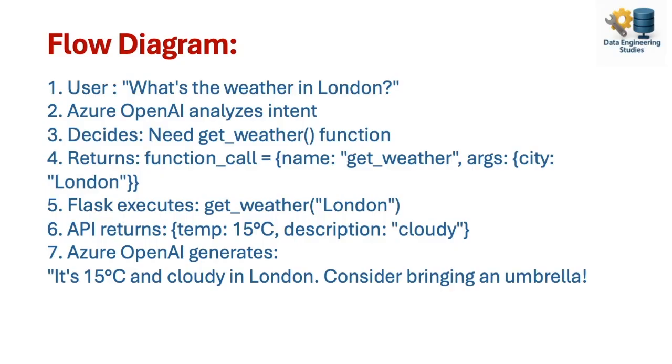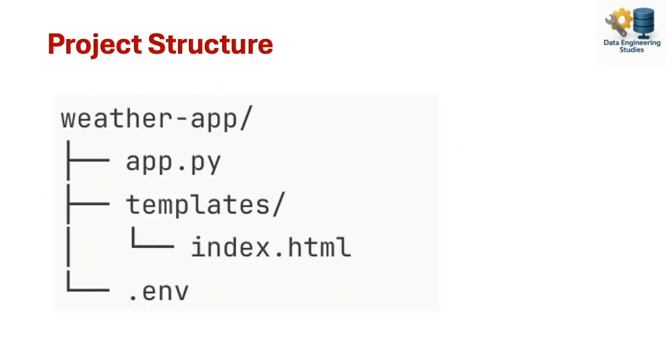Before getting into the code, let's see how we organize our project. Here is our project structure. We have a main folder called webapp that contains everything. Inside the folder, we have app.py. This is our main Flask application file where all the backend logic lives. That includes Azure OpenAI integration, weather API calls, and function calling implementation.